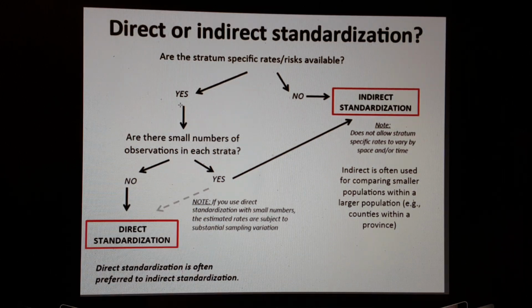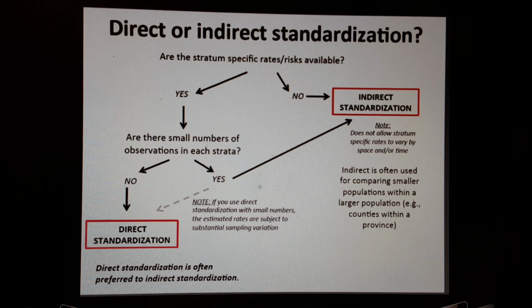If they are available, the next question you should be asking yourself is, are there small numbers of observations in each stratum? I've heard that small numbers is 20 or fewer. If no, so you have a very large sample size, direct standardization is your choice, okay? If you have a very small sample size, you should be using indirect standardization.